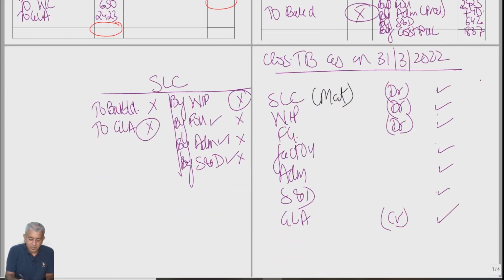SLC account, your balancing figure is how much? 833. Your WIP?